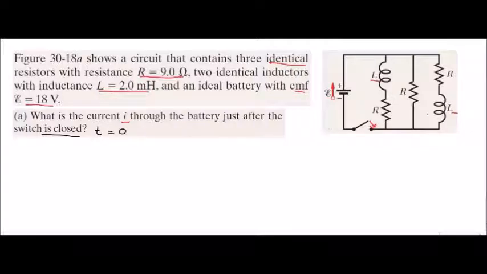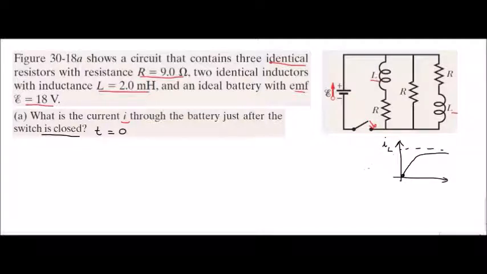Switch is closed, it means t equals 0. Alright, so the characteristic of the inductor, when we close the switch, what will happen? There is a current rise. The current was 0, and it starts to increase in this fashion until reaching an asymptotic value.